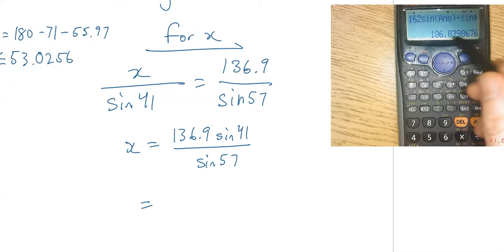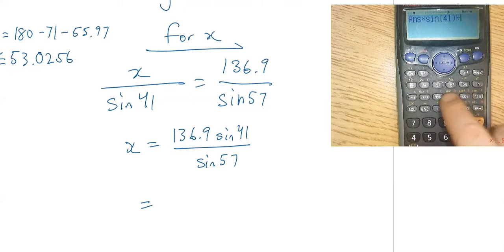So there's my 136.9. So I go times sine 41 bracket divided by sine 57 equals 107.1. And that's meters.